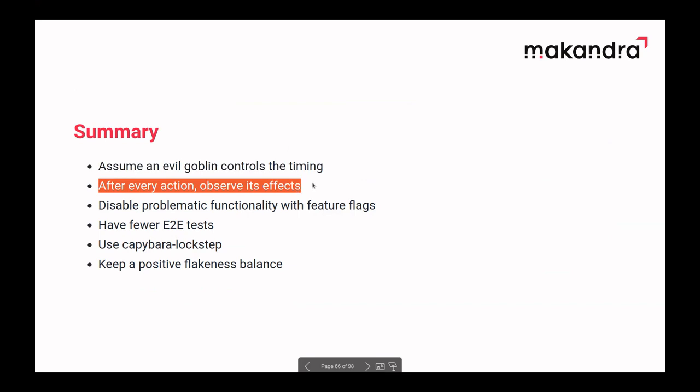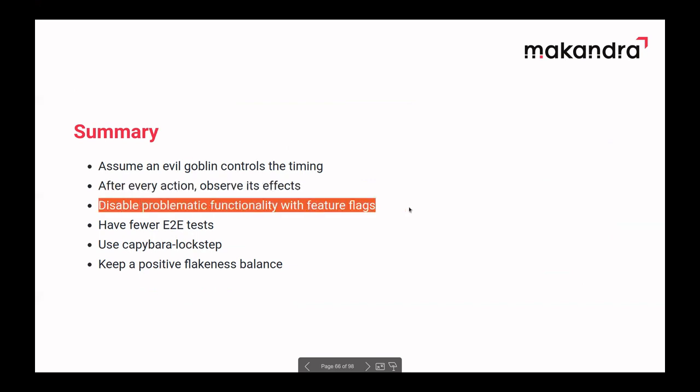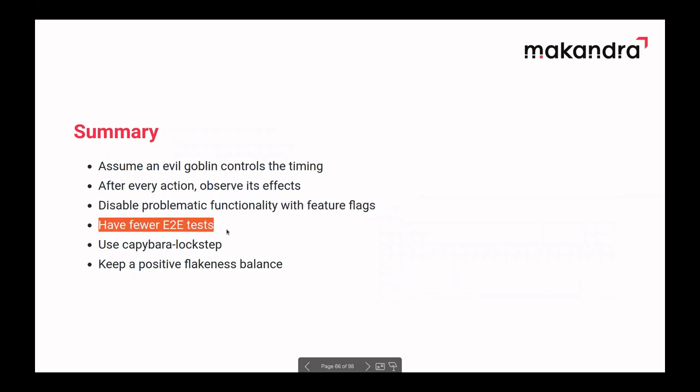Get into the habit of interleaving actions and observations. Consider disabling problematic functionality with feature flags. Consider having fewer end-to-end tests and pushing more work into unit tests while still keeping a few end-to-end tests around. Use tools like Capybara Lockstep, and also keep your flakiness balance positive.